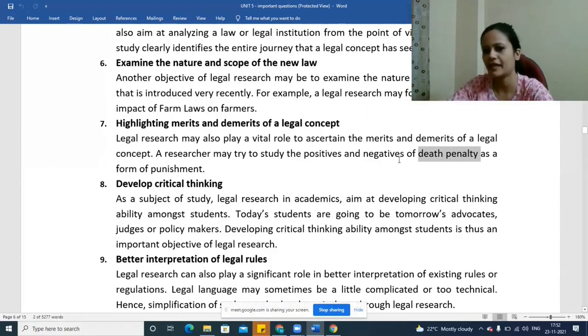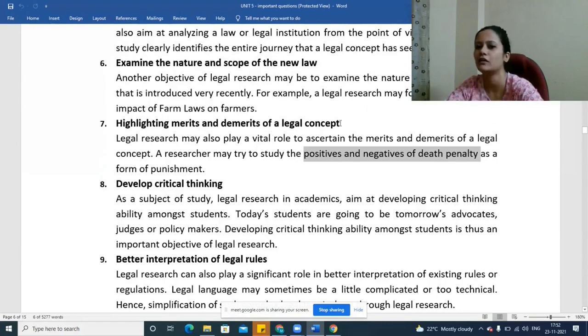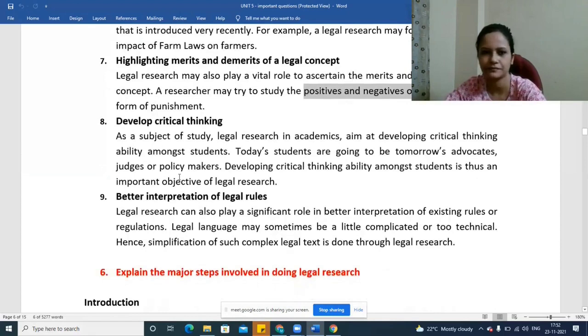And we in fact had a question on positives and negatives of the death penalty. That means it is nothing but research, where you try to understand both sides of a legal concept, good sides also, bad sides also. So this is another objective that we may have.